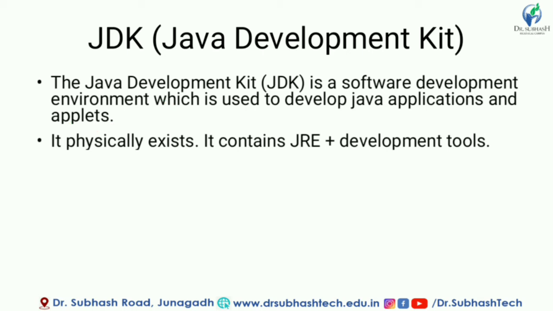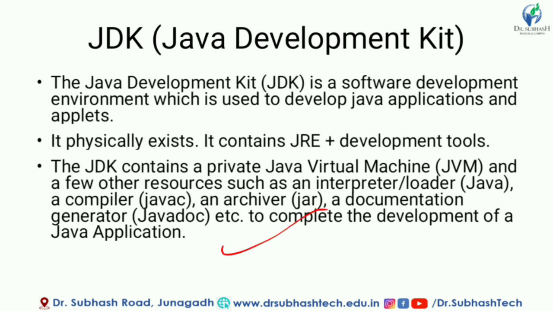It physically exists. It contains JRE plus development tools, right? The JRE is included in the JDK, and moreover in JDK there is one more term which is the development tools, which will be helpful for compiling and executing the Java program.